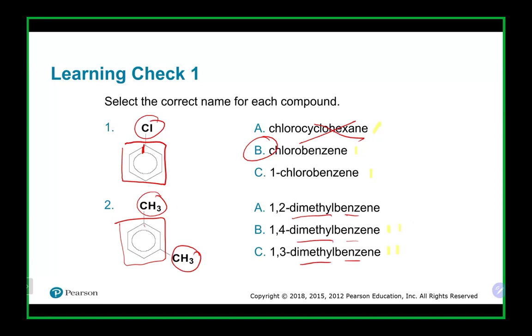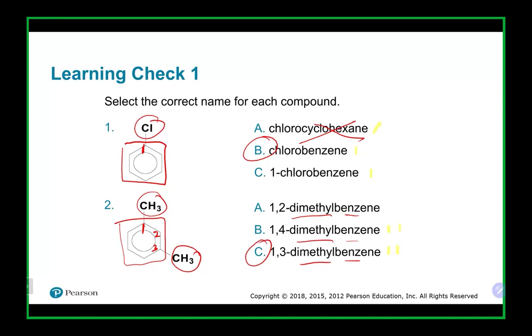We could go 1, 2, and then 3. So it should be 1,3-dimethylbenzene. That would also be what positioning? That is the meta positioning. So that also could be meta-dimethylbenzene or m-dimethylbenzene. Any questions on that one there?